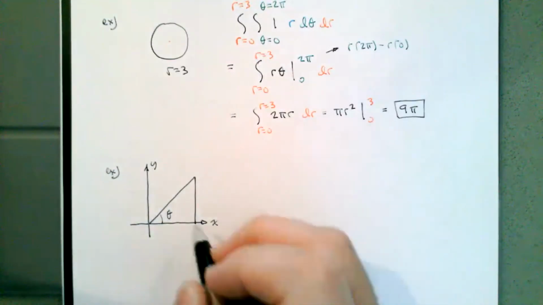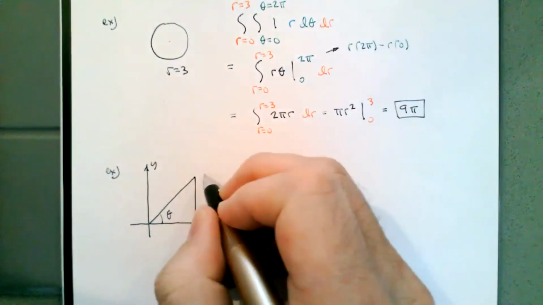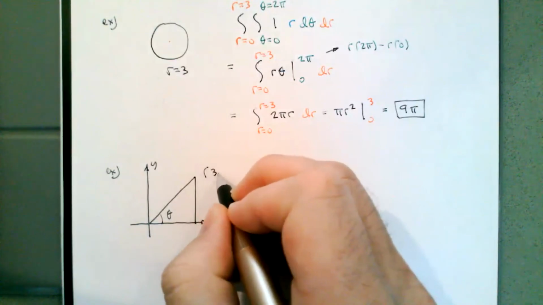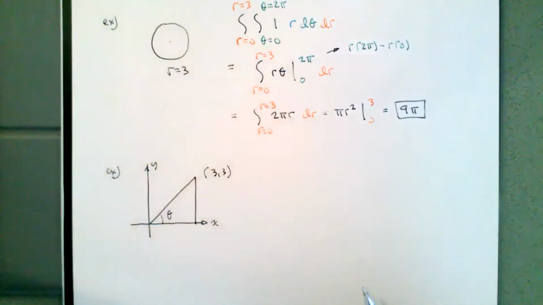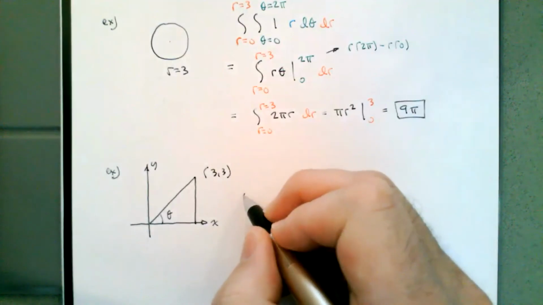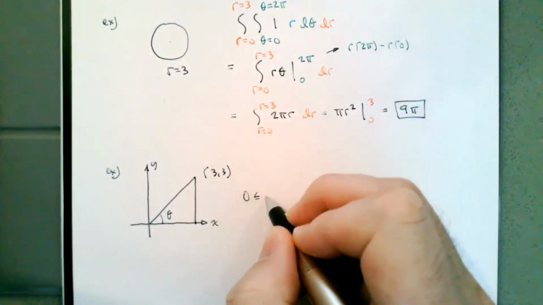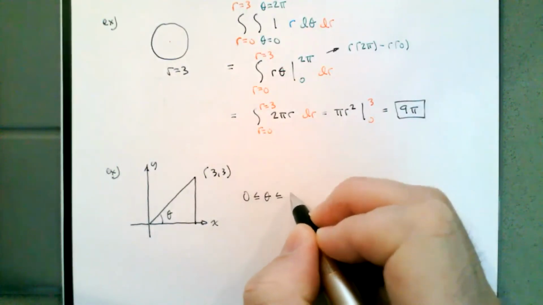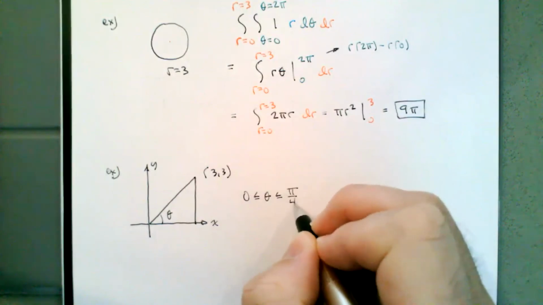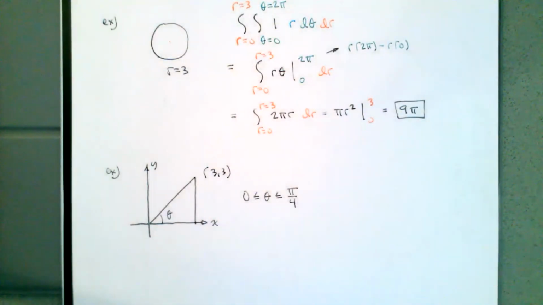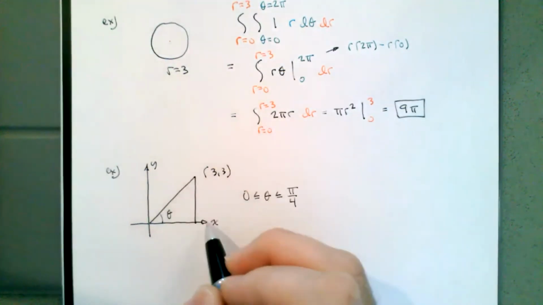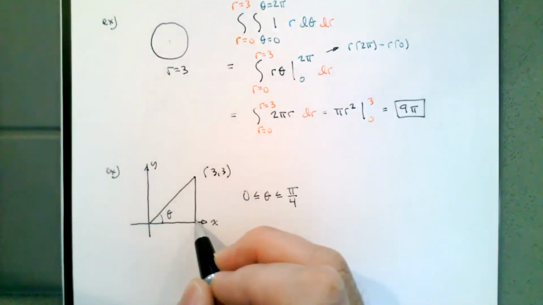Theta goes from 0 to 45. Let's just put this at 3, 3. So no problem for theta. Theta goes from 0 to pi over 4, 45 degrees. But the radius is a bit of a problem here. The radius at the top here is 3, but the radius here at the bottom is the x coordinate.